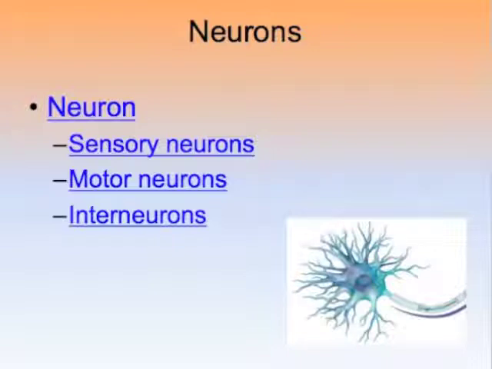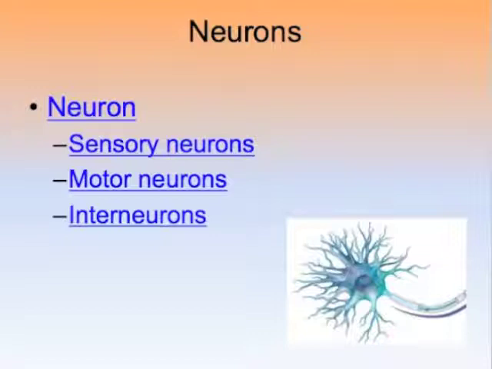So when the brain and the spinal cord are sending something out to the motor neurons, they go down this message system. Between the sensory and motor output, info is processed in the brain's internal communication system via interneurons.